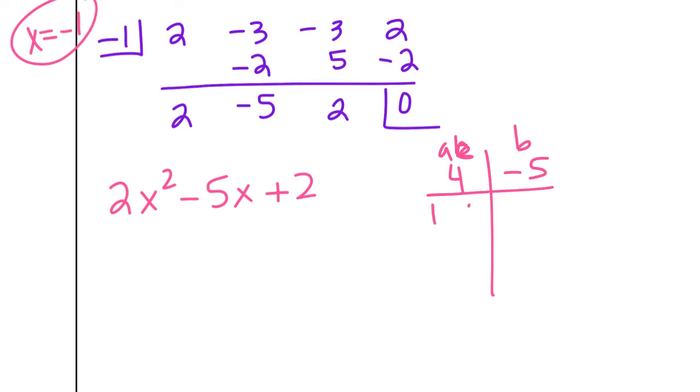So 4 has 2 options, 1 times 4 or 2 times 2. The problem here is that 1 plus 4 is positive 5. So it's close, but it's not exactly what we want. But what if we had negative 1 and negative 4? If I multiplied them, I would still get a positive because negative times negative. But when I add them, that gives me my negative 5 like I need.